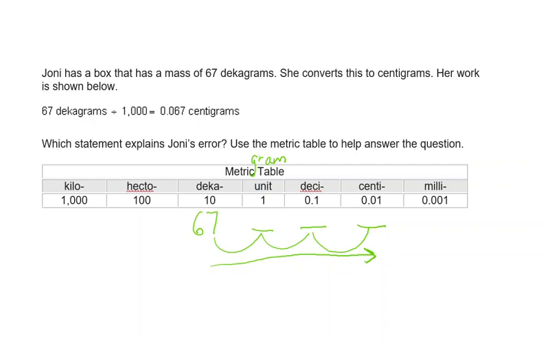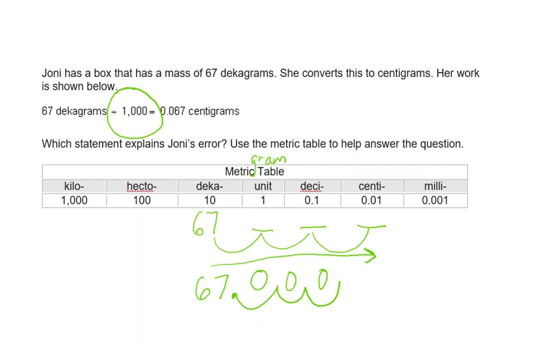And to the right makes my number bigger. When I move my decimal point to the right, 1, 2, 3 places, then my number became bigger. And when I moved to the right, making my number bigger, that's because I multiplied by 1,000. I did not divide by 1,000.